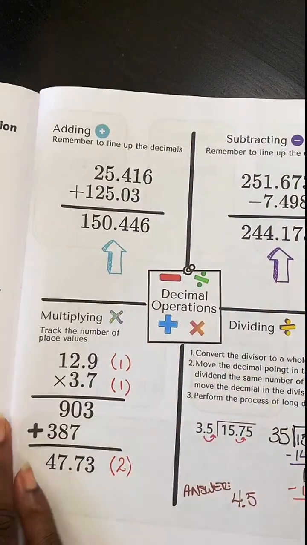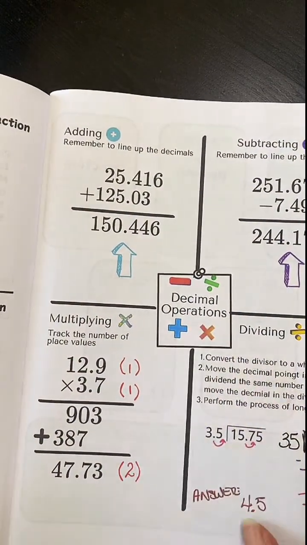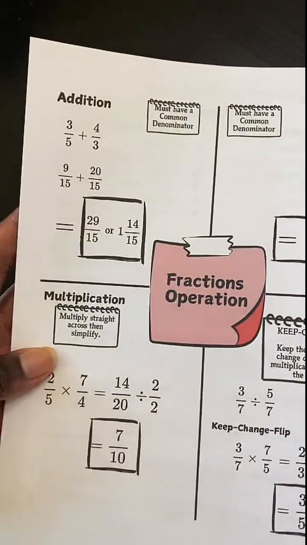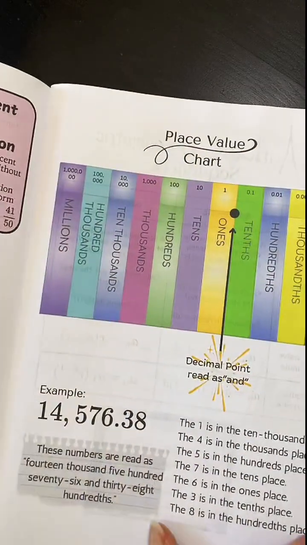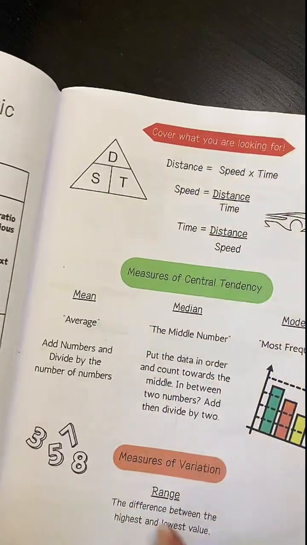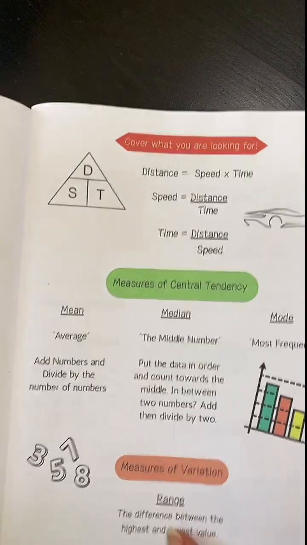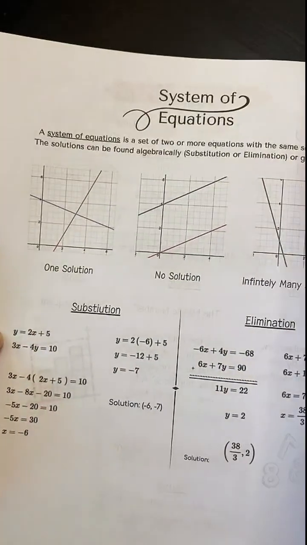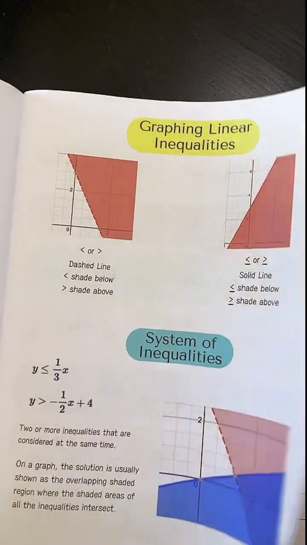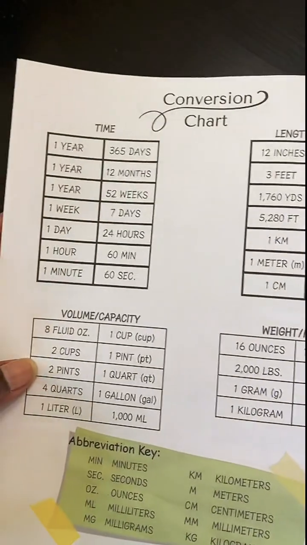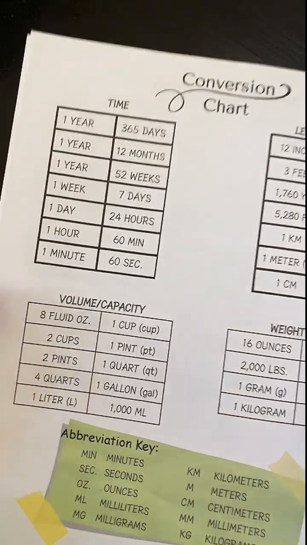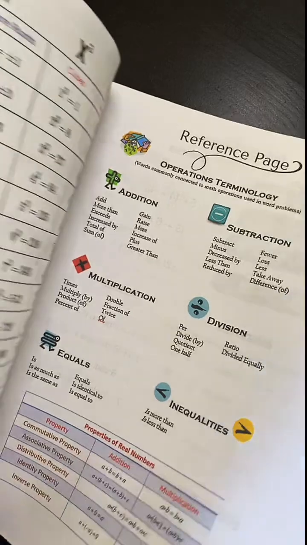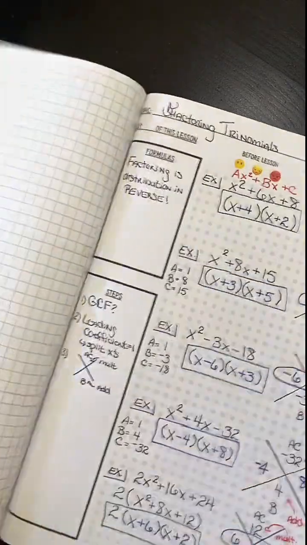Then we have the decimals, fractions, place values, distance, speed, and time, mean, median, mode, arithmetic and geometric sequences, systems of equations, systems of inequalities, and the formulas that you actually see in Algebra 1. All of it is in one book.